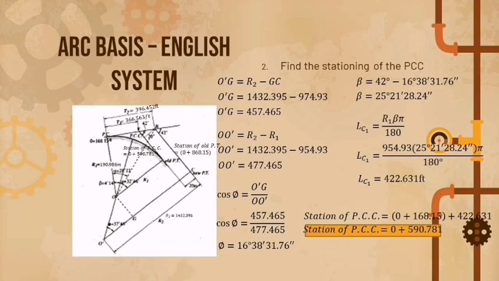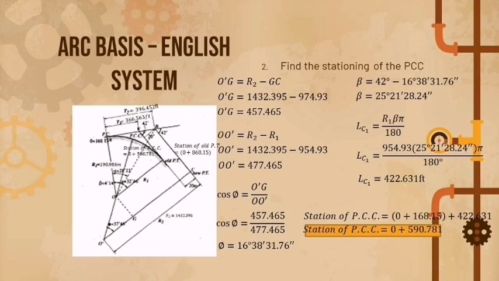And for the OG, the formula is R2 minus GC, which is our radius 2, 1,432.395, minus the GC, which is 974.93. So if we subtract them, we will get the answer of 457.465.